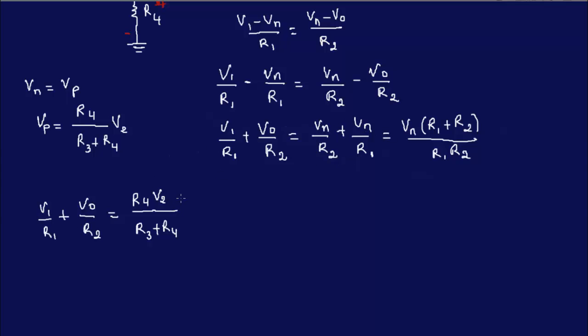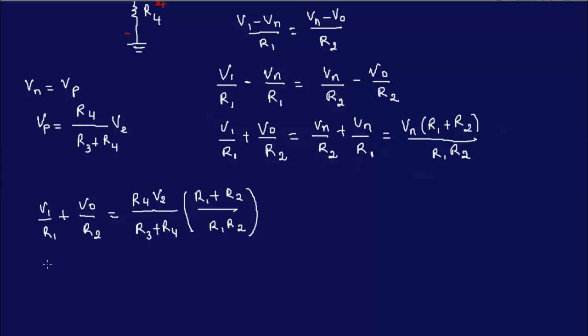Now we multiply by R1 plus R2 over R1 R2.